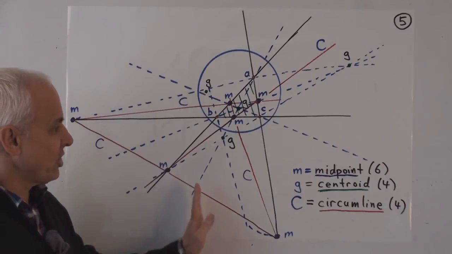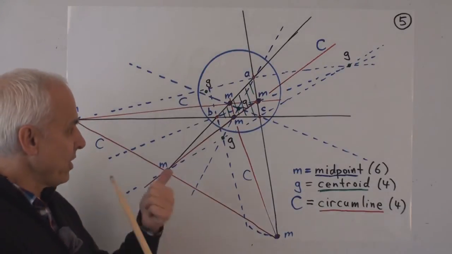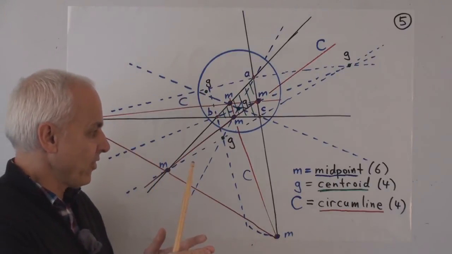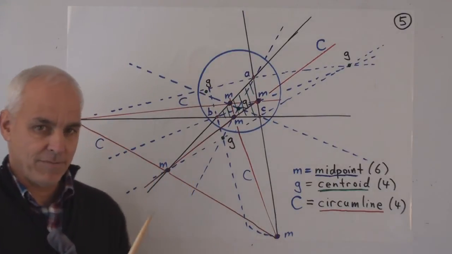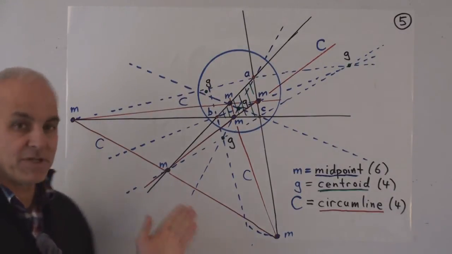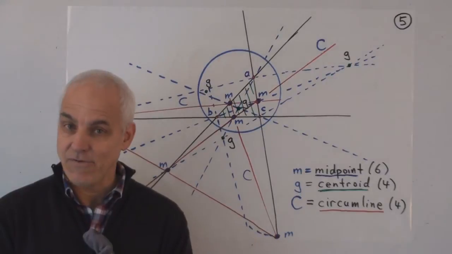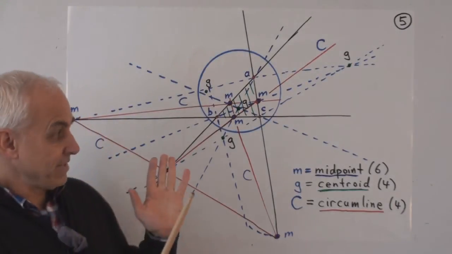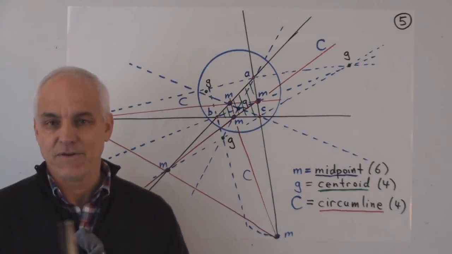This is a very rich and important diagram showing the midpoints, the medians, the centroids, and the circumlines. Here are some Geometer's Sketchpad illustrations that you can have a look at, which are more accurate and illustrate the same story in different cases.